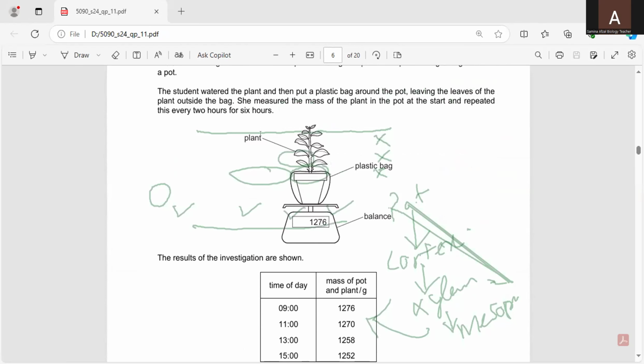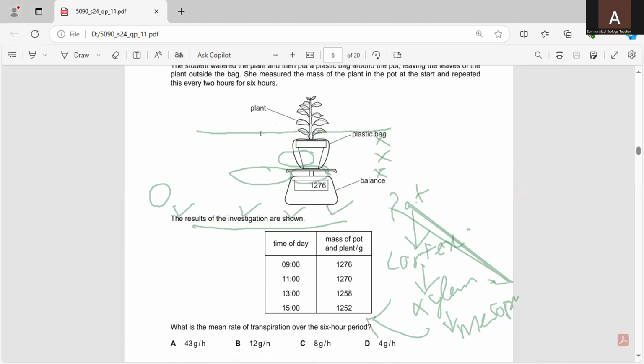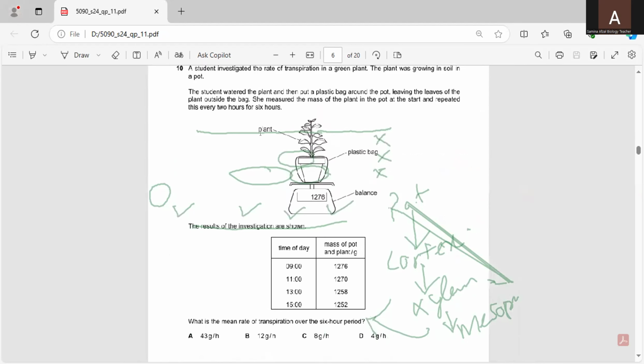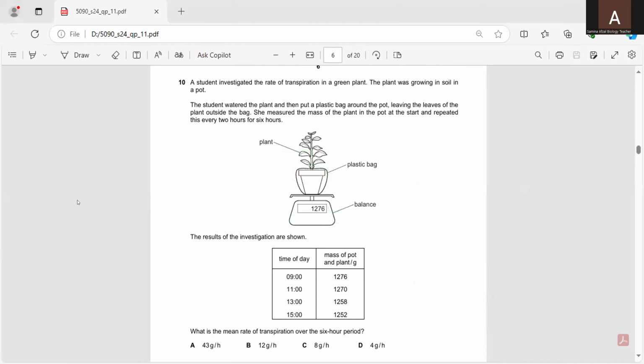Question number 10. Here, I would like to discuss: a student investigated the rate of transpiration in a green plant. The plant was growing in soil in a pot, as shown in the diagram.